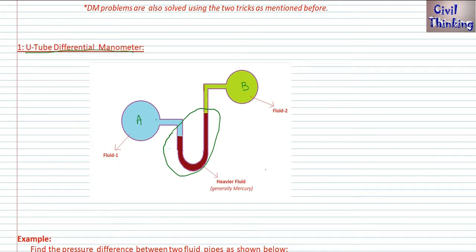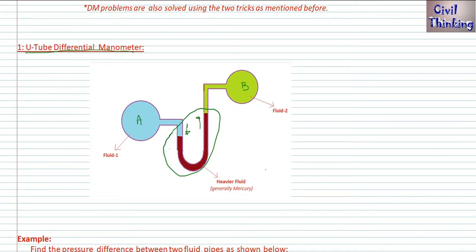Their density is not that of mercury or the heavier fluid. Anyways, when you open here, the fluid will come and push it downwards. When you push it downwards, here it will go upwards.